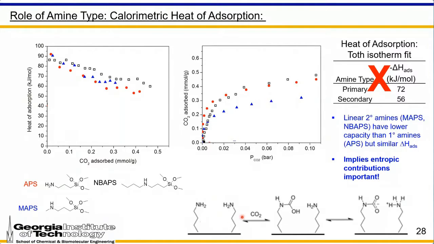So in this case, in order to bind CO2 in this alkylammonium carbamate structure, if this is a secondary amine, this H group becomes an alkyl group. We have to get that alkyl group out of the way in order to form this alkylammonium carbamate. And those steric hindrances can manifest themselves with regard to entropic barriers that must be overcome in order for capture.